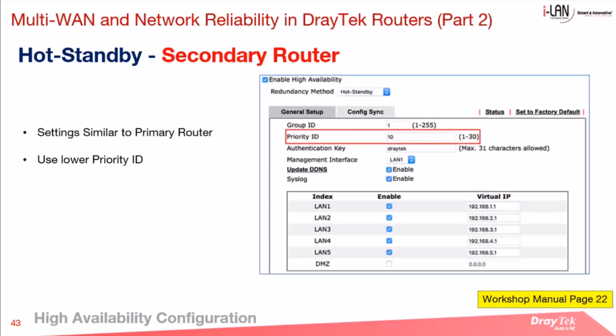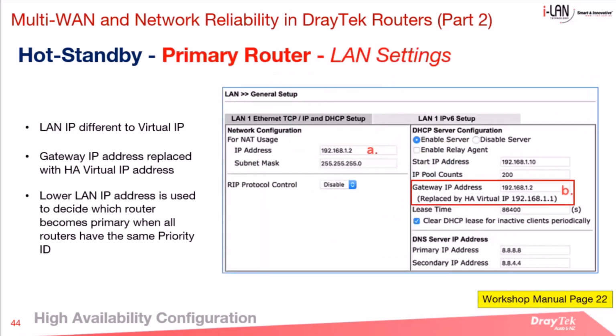Okay, to configure the secondary router, we utilize comparable settings, but assign a lower priority ID number. So for the secondary router, we assign the priority ID to 10. To set up your routers, make sure each one has a unique LAN IP address that is not the same as the HA virtual IP address.